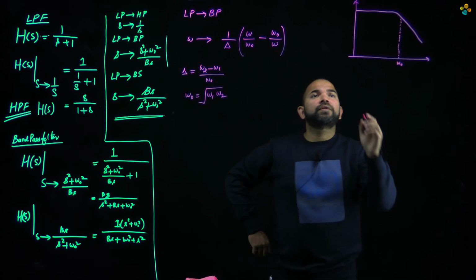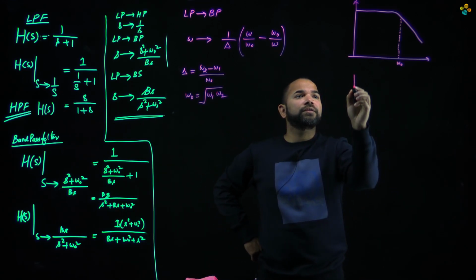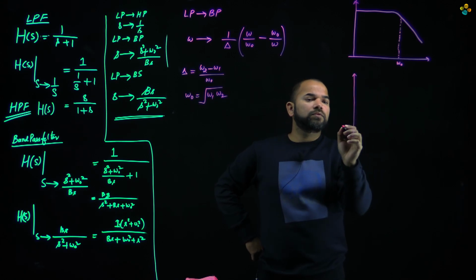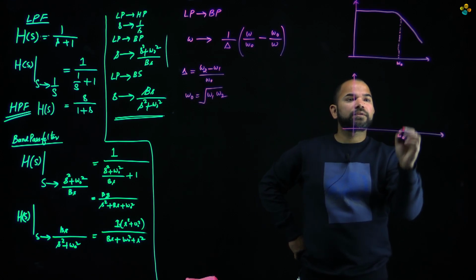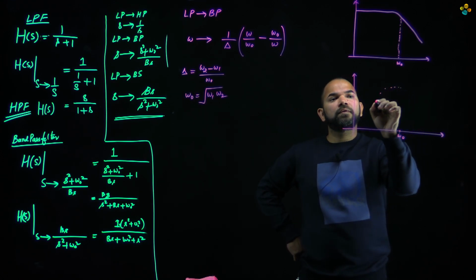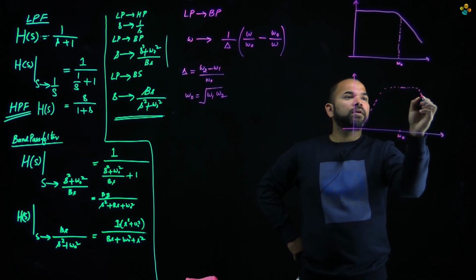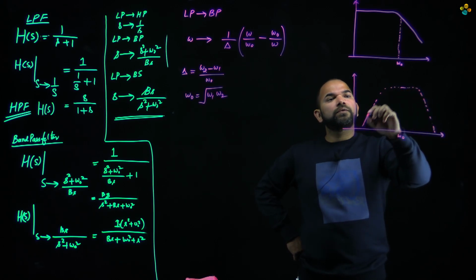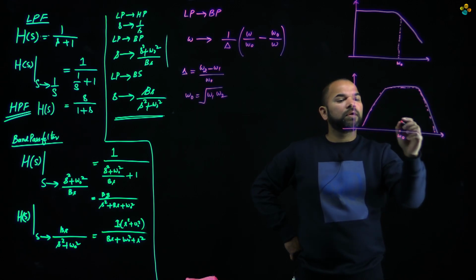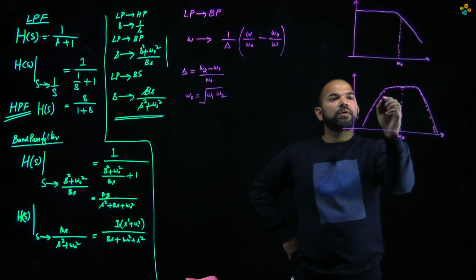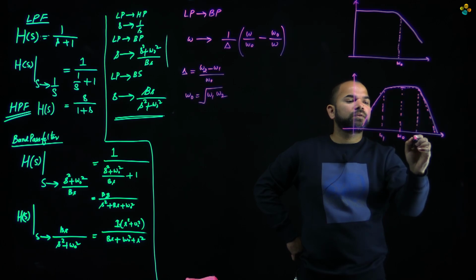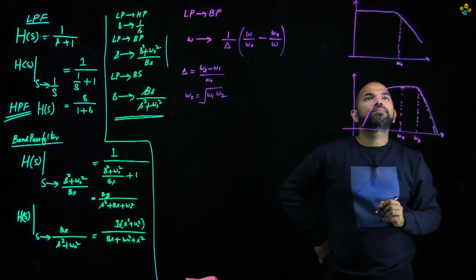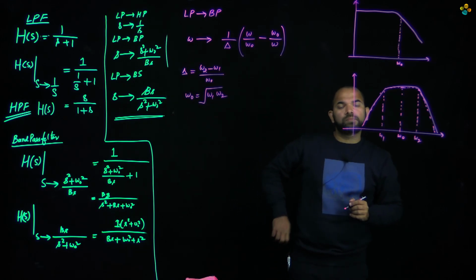Now we need to translate this whole transfer function to another transfer function where this is equal to omega naught, and then we have a roll off like this, and we have a roll off like this. So this kind of transfer function around omega naught is the transformation we want. Consider this frequency as omega 1 and this frequency as omega 2.